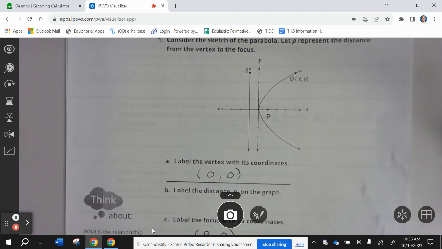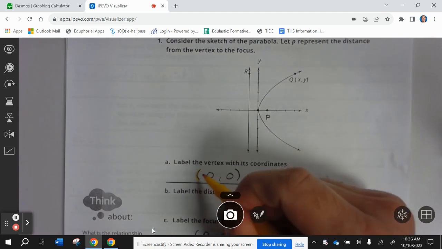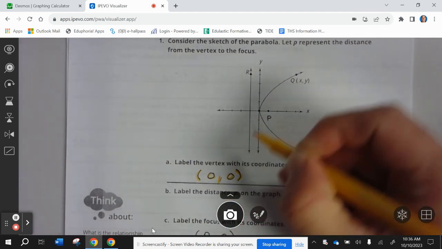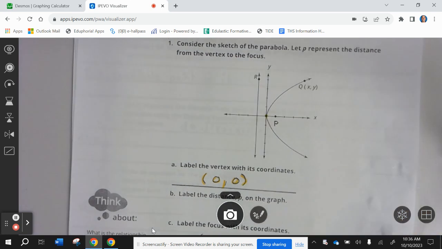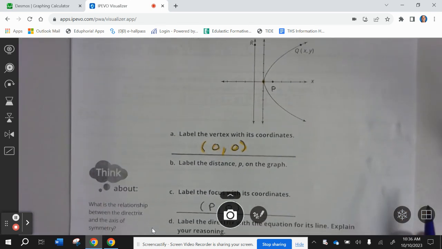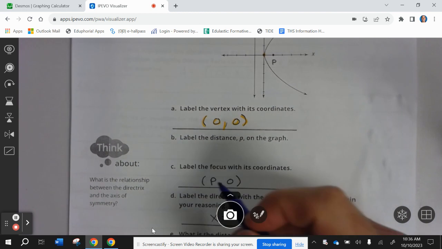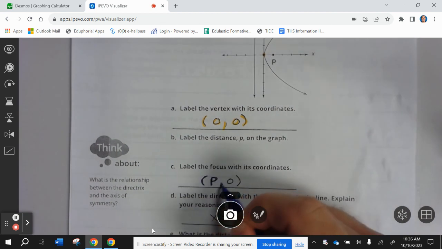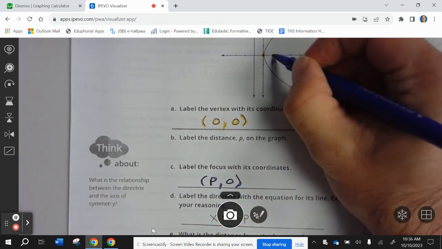So the vertex is the point (0, 0), which is here. The focus is (p, 0), which is here.